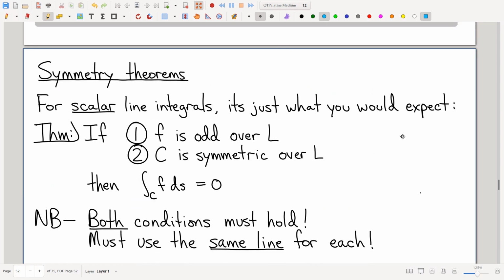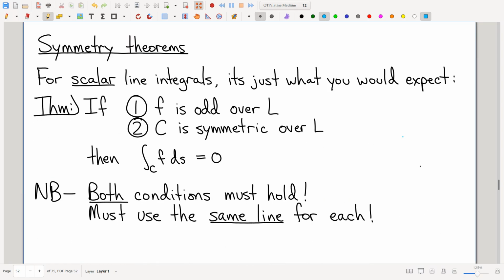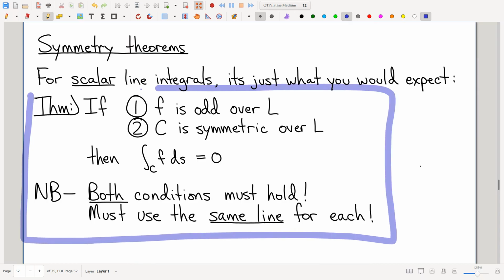Okay. Symmetry theorem. Does this look familiar, I hope? In fact, I have deliberately written this, laid out on the page, to look exactly like several other symmetry theorems that we've written down, specifically odd symmetry theorems. And it's because, morally speaking, the way you use it is just like the other odd symmetry theorems we've talked about.